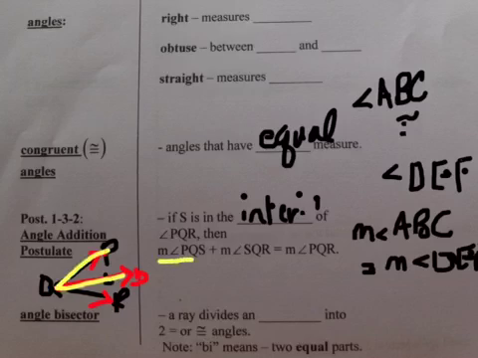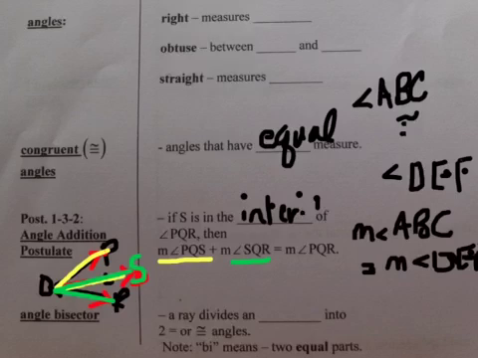See how they wrote measure of angle PQS just like I did over here. And then the measure of angle SQR, because remember this is S here, would add up to the whole angle PQR. Basically, if I take an angle and chop it up into two smaller angles, the two smaller angles add up to the bigger angle. That's all that's saying. People get all weirded out and upset about that postulate, and it just means if I take an angle and divide it into two smaller ones and put them back together, they're the same size.